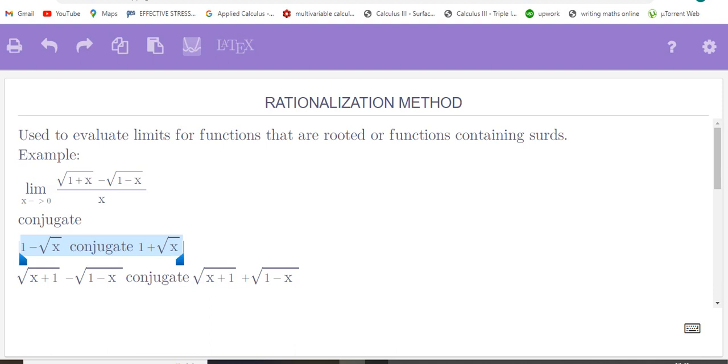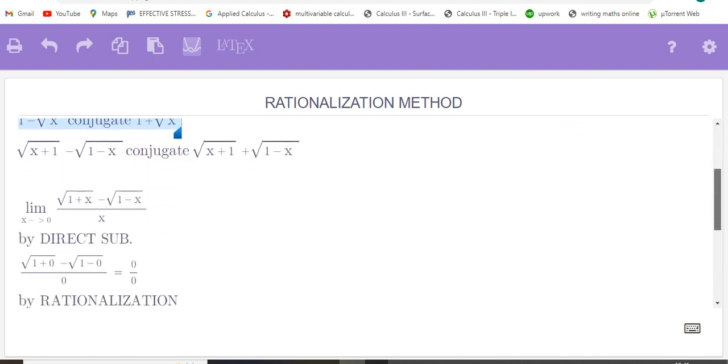Now, what about root of 1 plus x minus root of 1 minus x? How do you get the conjugate? Very easy. Just change the sign in between to plus. If it was plus, change to minus. If it is minus, change to plus. As easy as that. Now you have understood what a conjugate is.